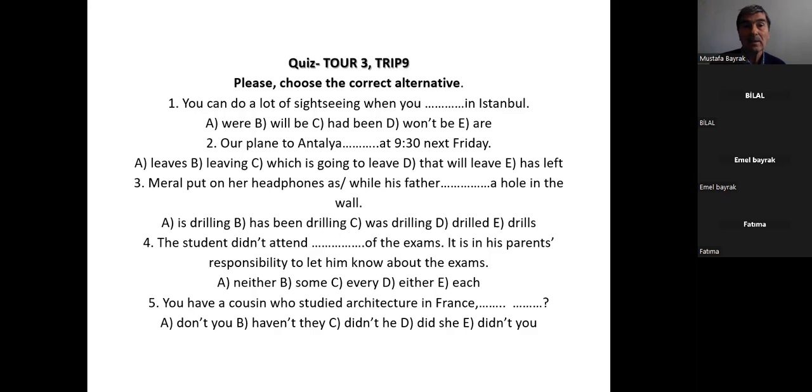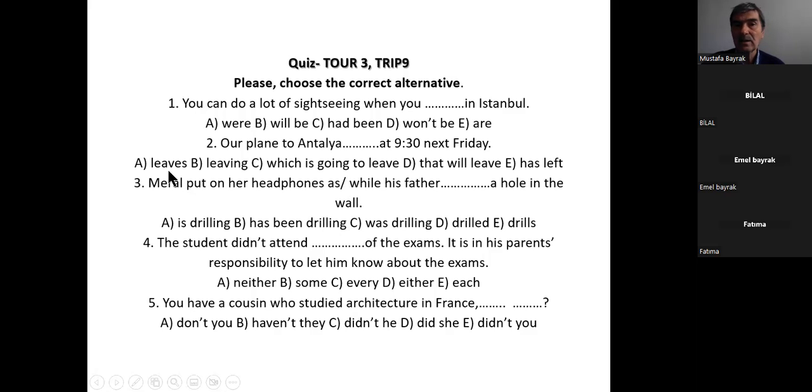Our plane to Antalya, our plane from Antalya. These are practical prepositions. Our plane to Antalya blank at 9:30 next Friday. So, which one? "That will leave", no. So, leaves.